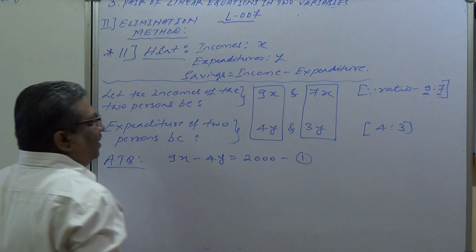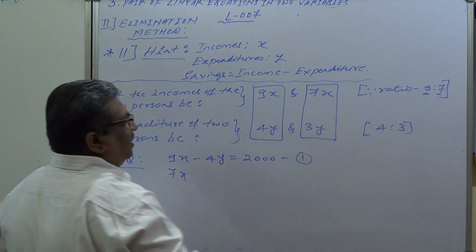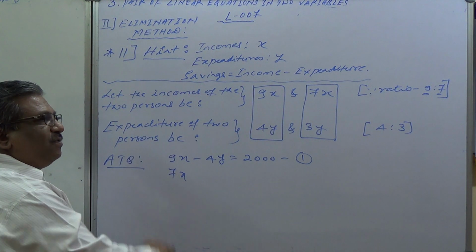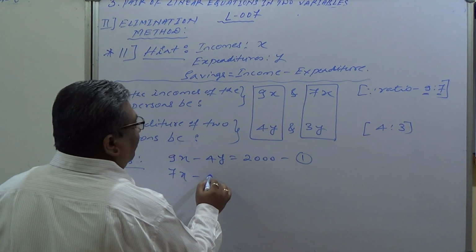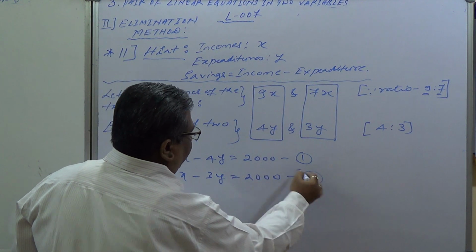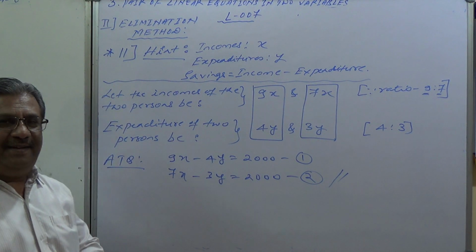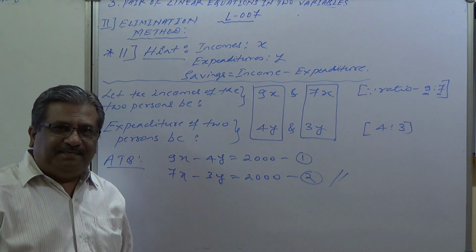This is equation 1. And second one, 7x minus 3y is the savings of the second person. 7x minus 3y equals 2000. This is the second equation. Solve these two by elimination method to get the answer.